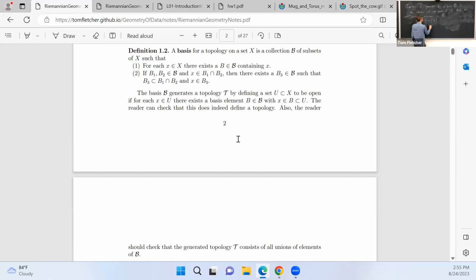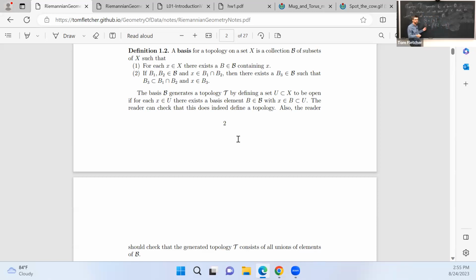The discrete topology we did. I actually can write it. It's the set of all individual one-point sets, such that x is a point in X. So if I say every point in X is an open set, a basis element itself, then all possible unions are going to give me again the power set.